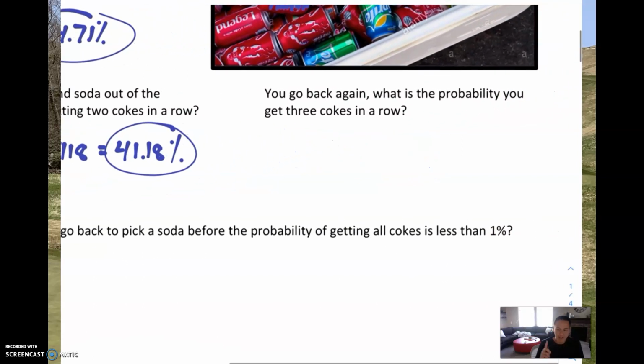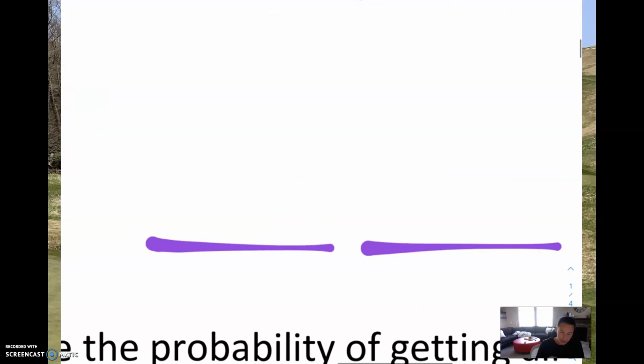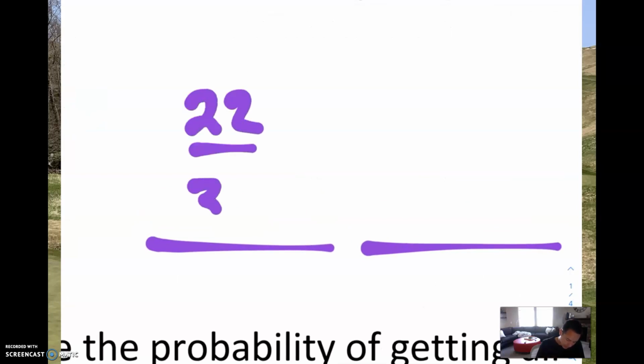Now we're going to go back to the well one more time. I want to know, what's the chance that you get 3 Cokes in a row? So let's draw 3 slots. And let's just start from the beginning. The chance that you get the first one as a Coke, we knew that was 22 out of 34. But now that Coke is gone. There aren't 22 Cokes left.